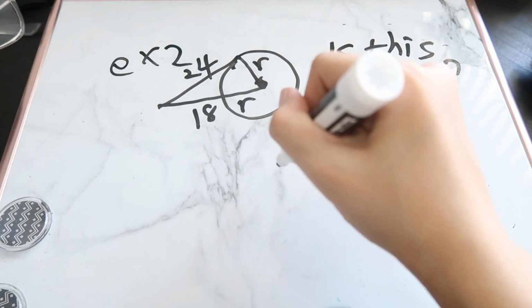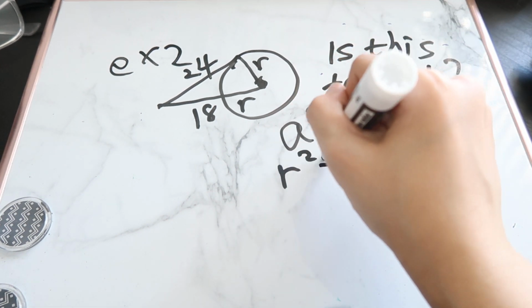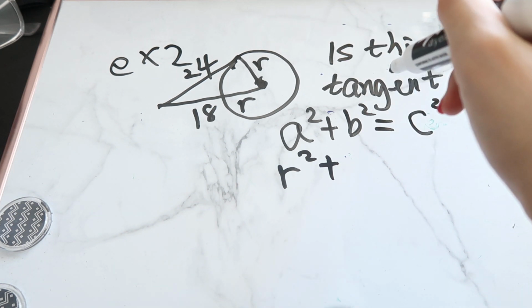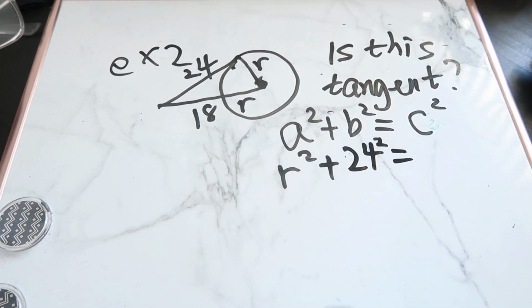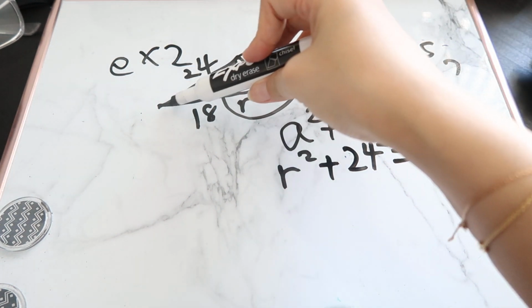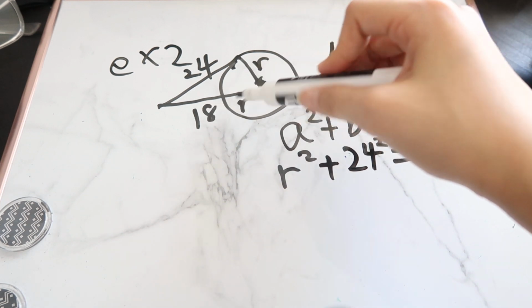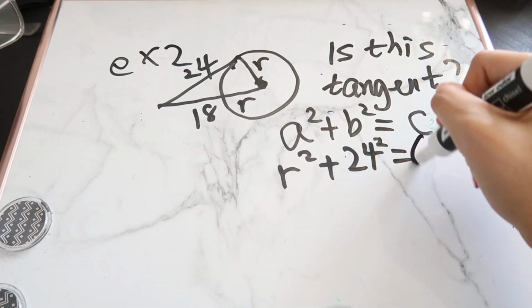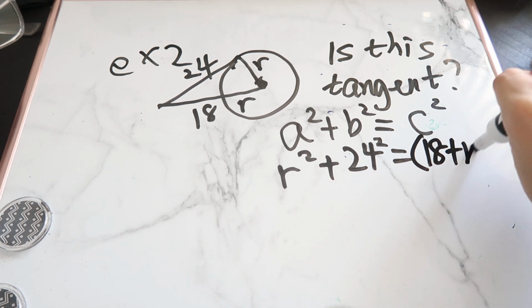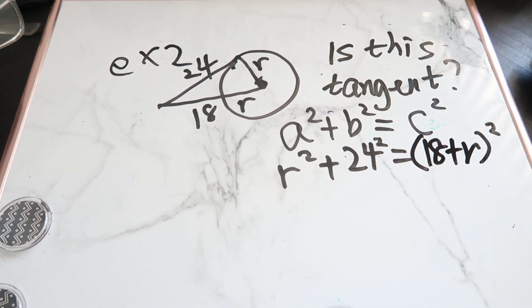And a would be r, so it'll be r squared plus b squared, which is 24 squared, equals c squared. It's a little bit tricky here for c because c is this entire line, but we have two parts. One of them is 18, the other one is r. So here it would be (18 plus r) squared. Then we need to solve this equation.